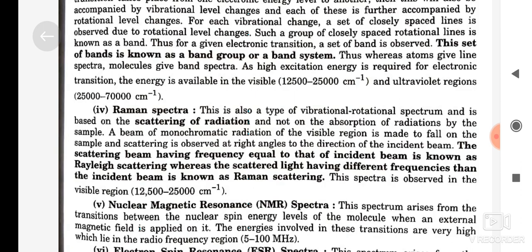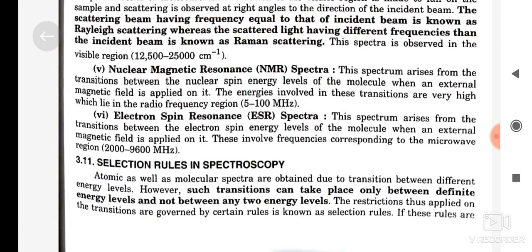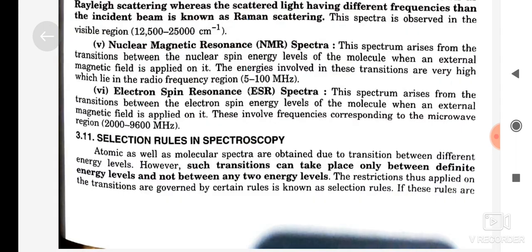Fifth, nuclear magnetic resonance spectra, NMR spectra. This spectrum arises from the transition between the nuclear spin energy levels of the molecule when an external magnetic field is applied on it. The energies involved in this transition are very low, which lie in the radio region, 5 to 100 MHz.